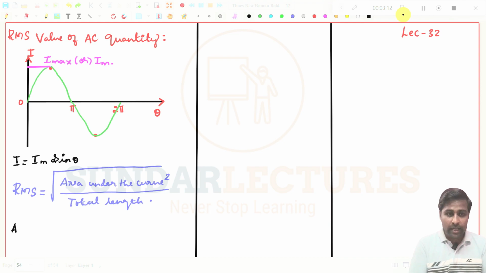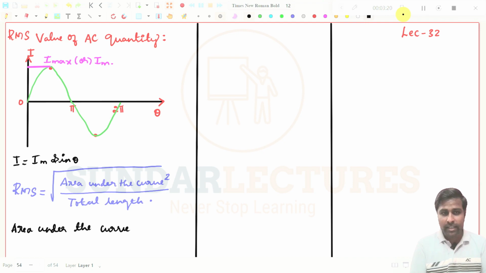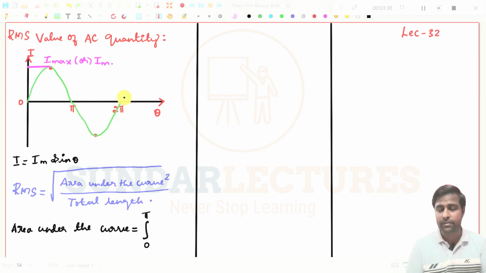The area under the curve should be equal to the integration from 0 to pi. Why am I taking 0 to pi? Because if we have this curve, this is the positive half cycle and this is the negative half cycle.